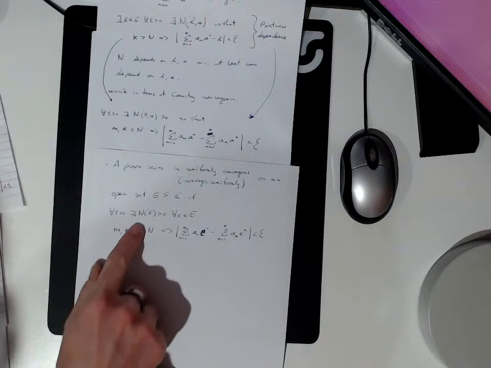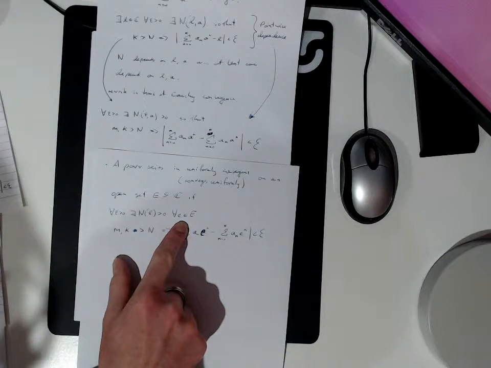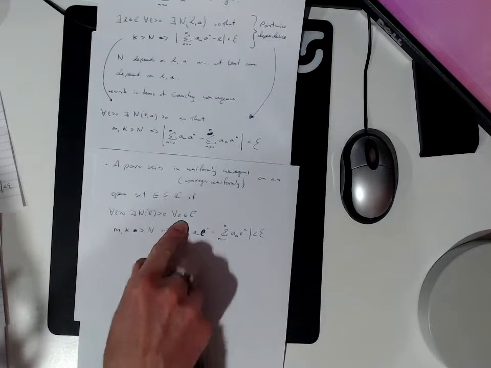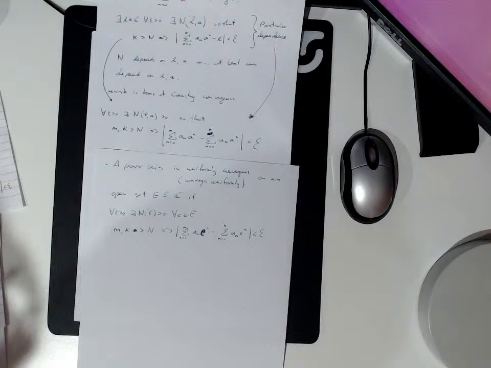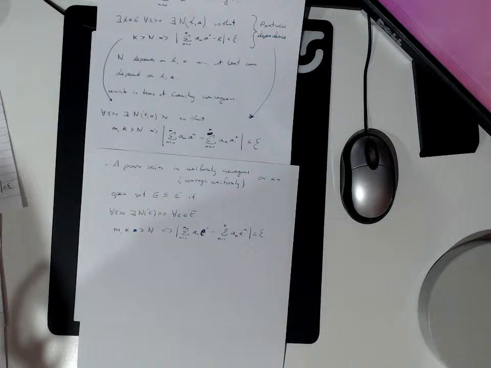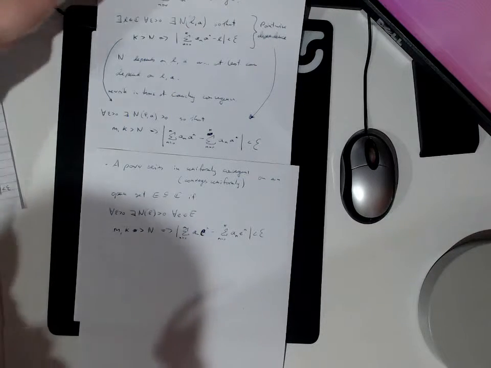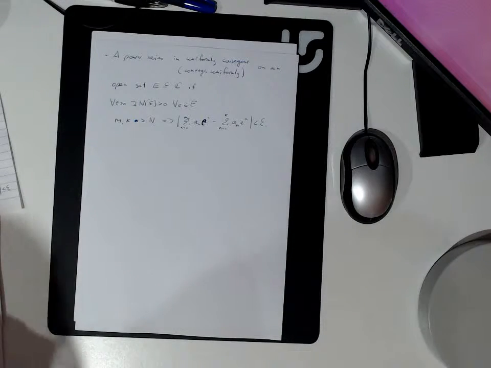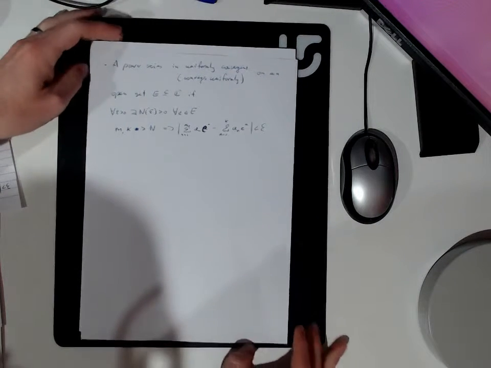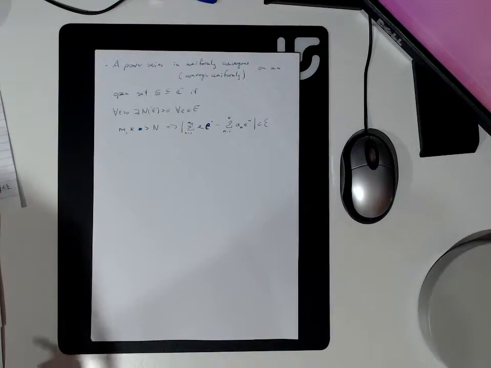So this is really saying that N can be chosen to work for any of the elements in our set, whereas this says that N is chosen only to work for one, the element A. Pointwise convergence versus uniform convergence. Uniform convergence is a very important concept in mathematics, and in complex variables too, of course. Very important.